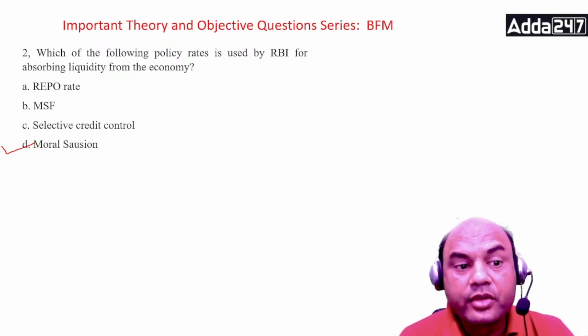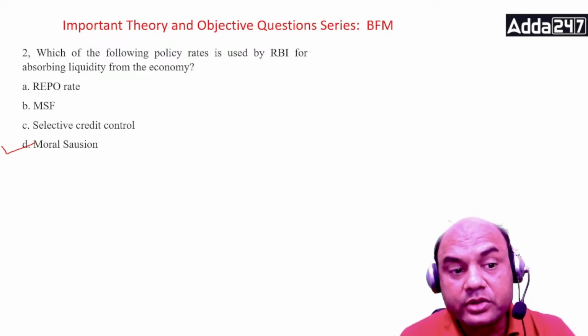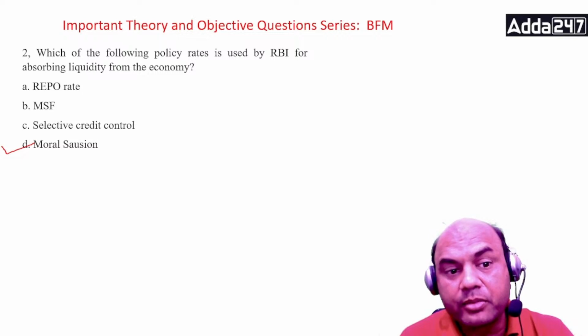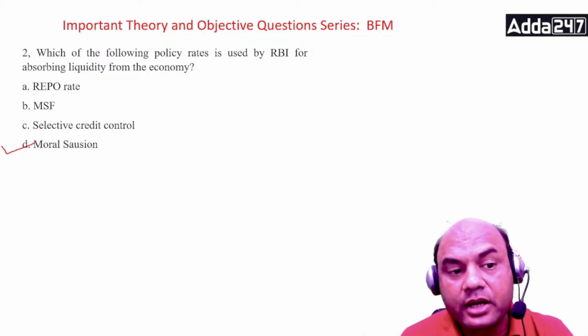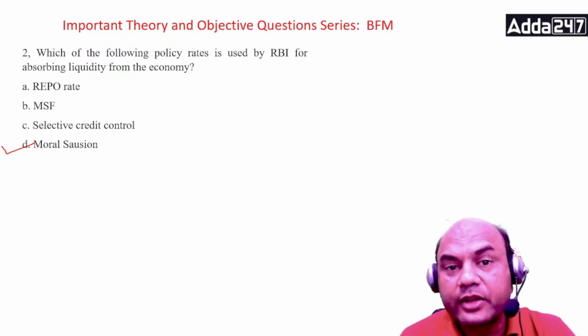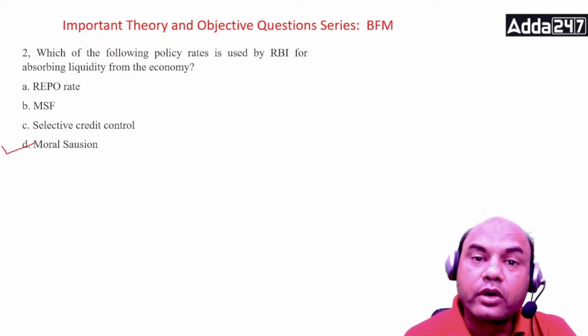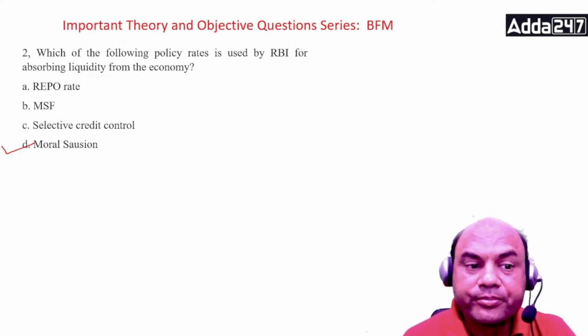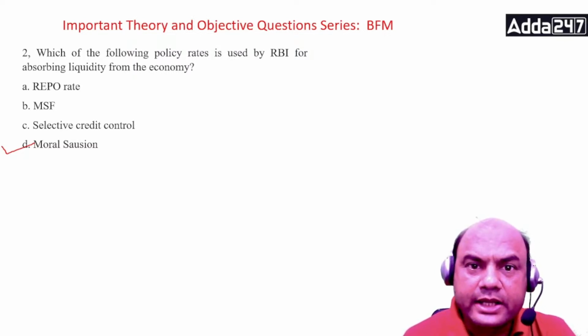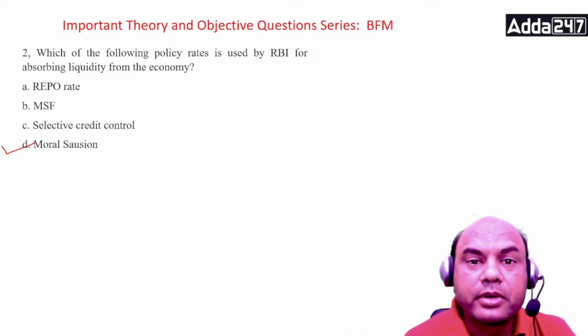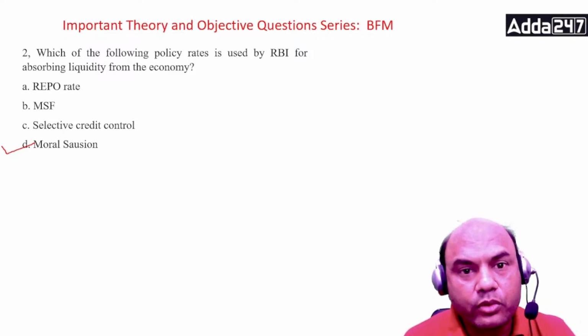Repo rate is also one of the important tools. By repo rate, RBI increases or decreases the base rate. MSF is the marginal standing facility, mainly used by banks whenever everything dries up, meaning there is no chance of getting money from any other bank or even from RBI through OMO.